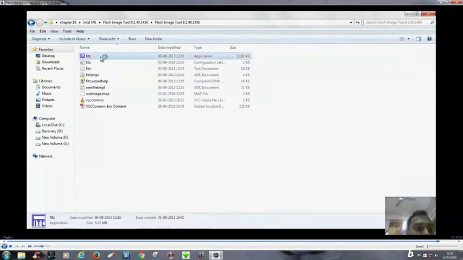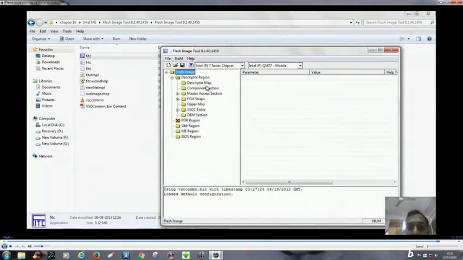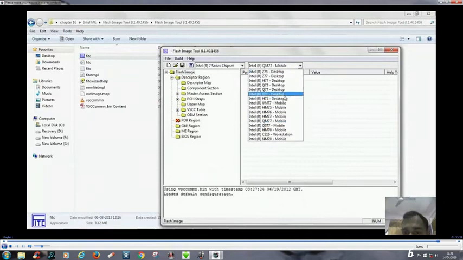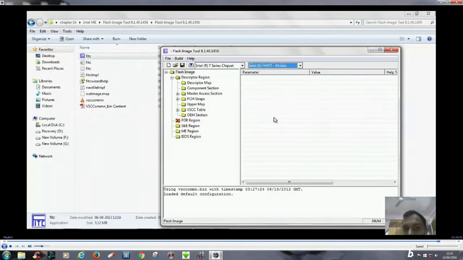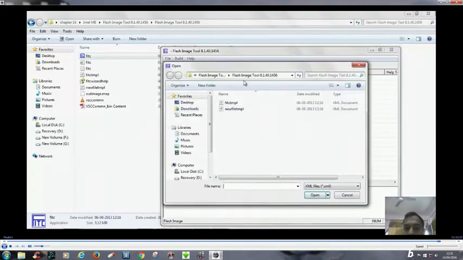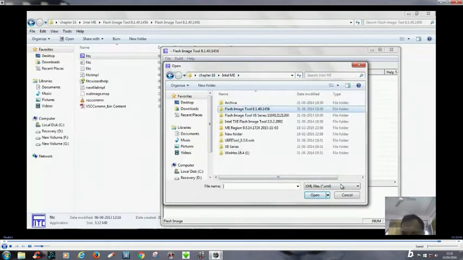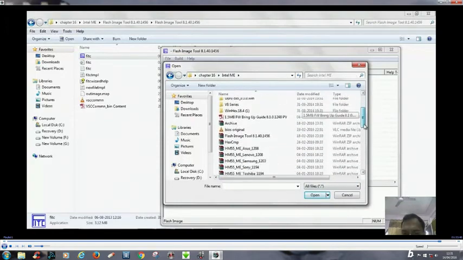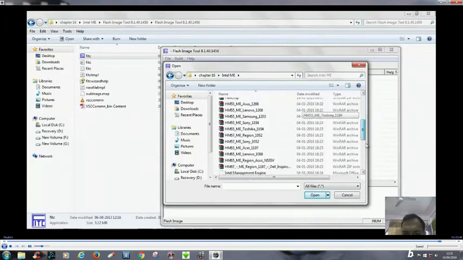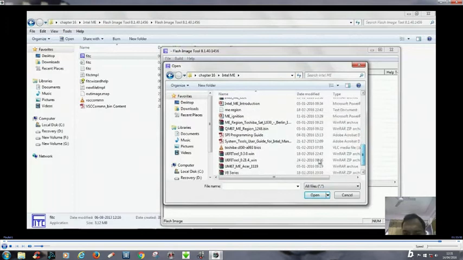We open the FITC tool, and you can see here, if the HM77 chip is there, then you open the faulty BIOS chip, right? We open the faulty BIOS chip. Click all files, and here you can open the Toshiba C850.